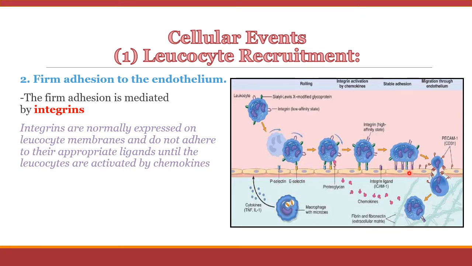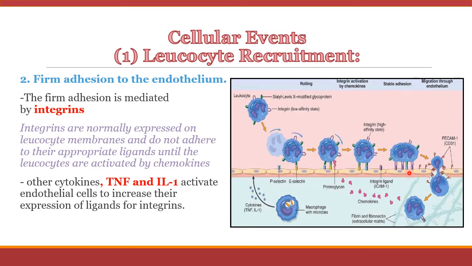The main chemical mediators that are responsible for this increase of expression of ligands, or increased number of ligands on the endothelial cell surface in the inflammation site, are tumor necrosis factor and interleukin-1. So remember those two factors.